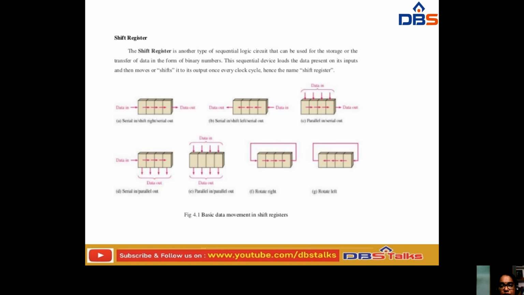This sequential device loads the data, and based upon the inputs, it is going to move or shift the data, and the output that we get for each and every clock cycle, we can name that a shift register.